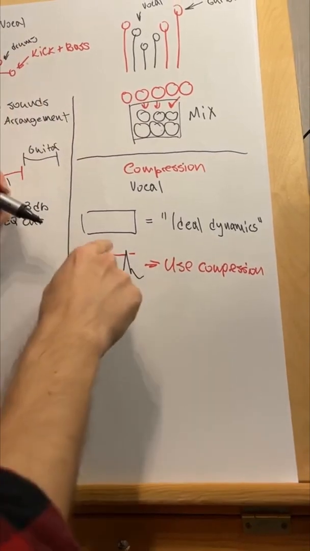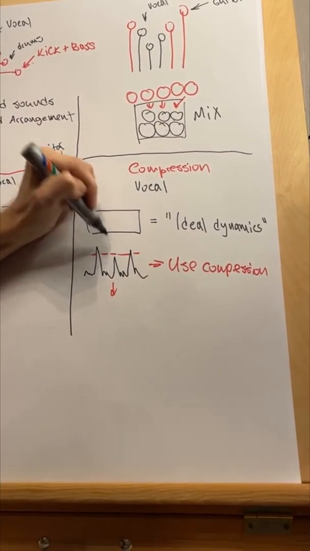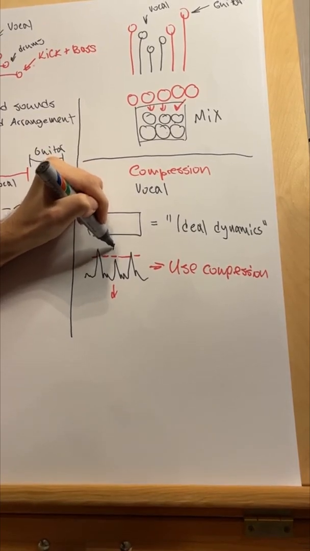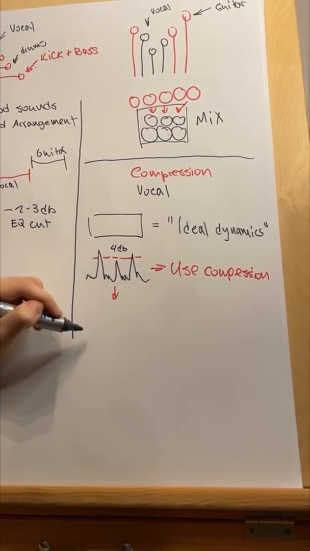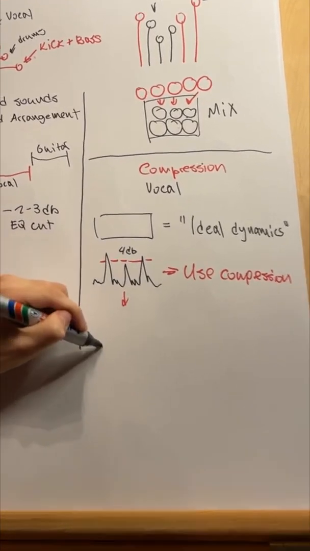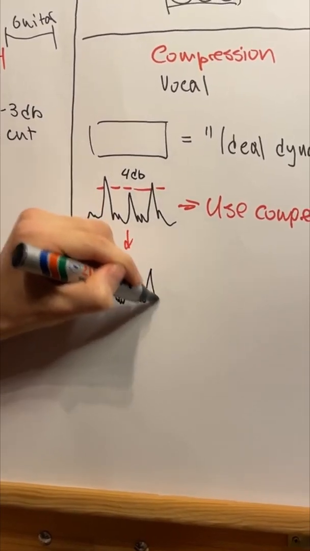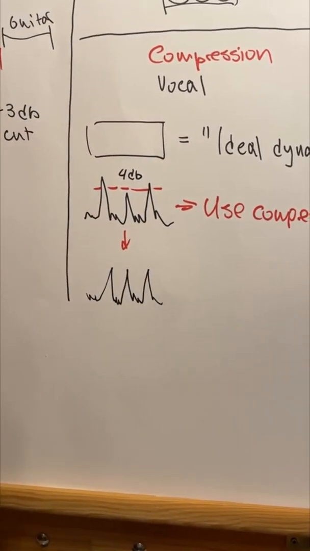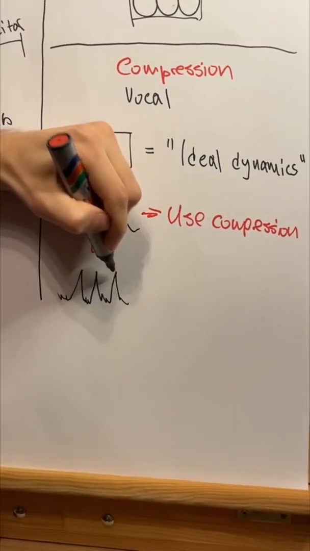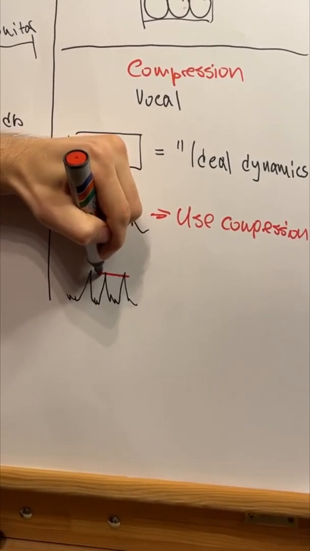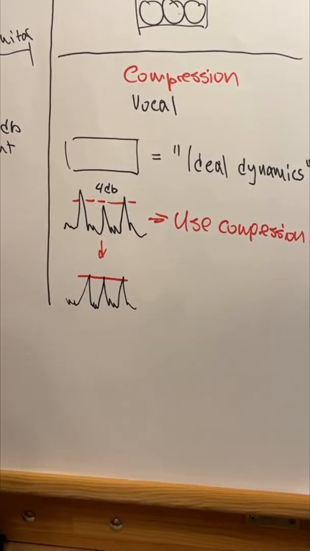So let's say the difference in those peaks is 2-3 dB, or maybe 4 dB, and we want to turn this into something like this, so we can have a consistent level. We want to cut all of the peaks, but roughly. I'm not talking about cutting them off.